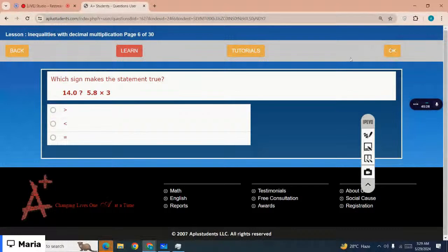The correct option is 14 is less than 5.8 times 3, right?